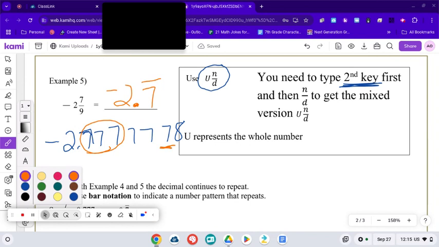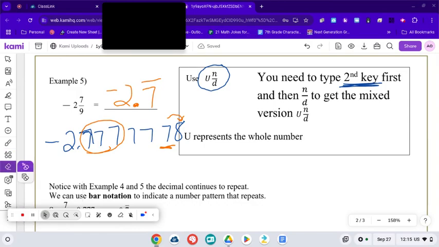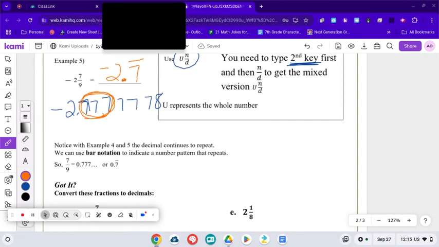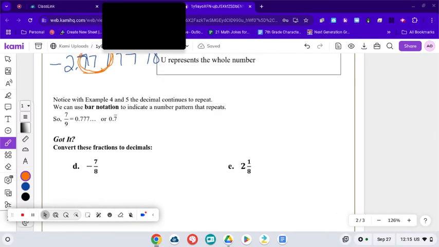So it said, okay, what was here? There was a 7. 7 is higher than 5, so it's going to go up to an 8. So it rounds the last digit just because it has a lack of space. But we know through our knowledge that it's going to repeat because it repeated at least 3 times. So it's going to continue doing that. All right? So that's an example of what that looks like.